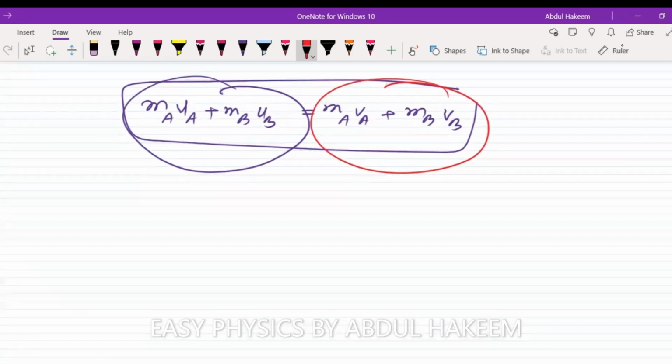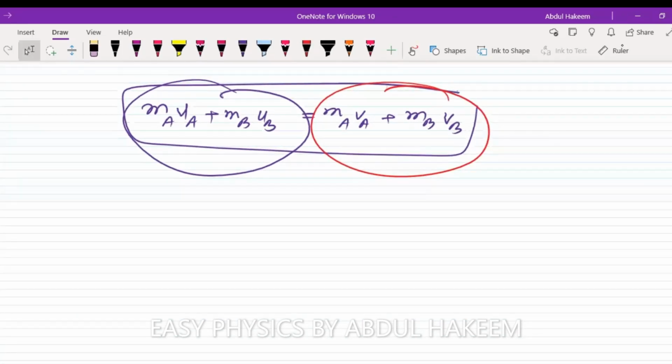Now, if the objects are interacting with each other, there are two types of collision. One is perfectly elastic, or simply call it elastic. For elastic, momentum is conserved and the total energy is also conserved.